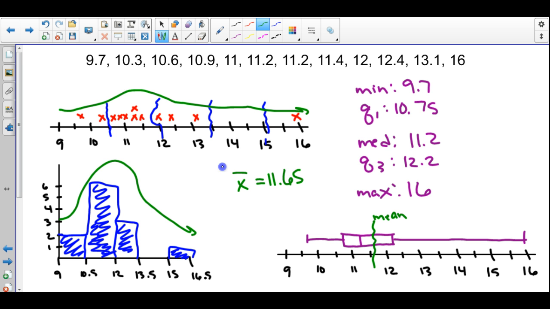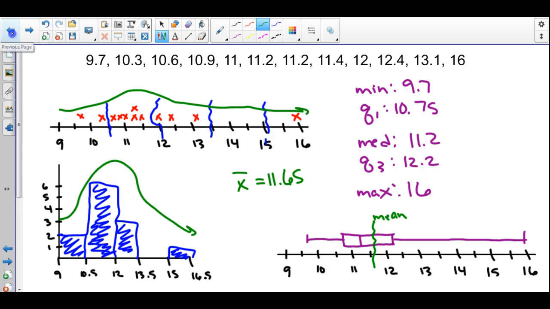So if I were to ask what's the better measure of central tendency right now, you would want to answer the median, because that's where the majority of your data lies. It's a more accurate number because your data is clustered or peaked to the left side. And again, what this value of 16 is going to do is drive up this mean. This 11.65 is really affected by the value of 16. So we'll take a look at what our data might even look like without that value.